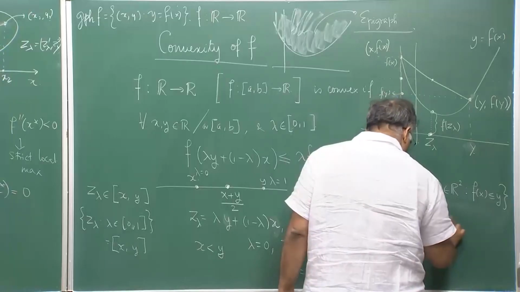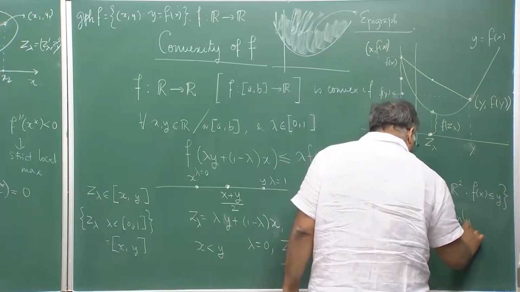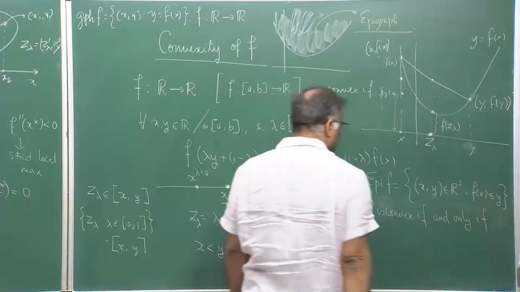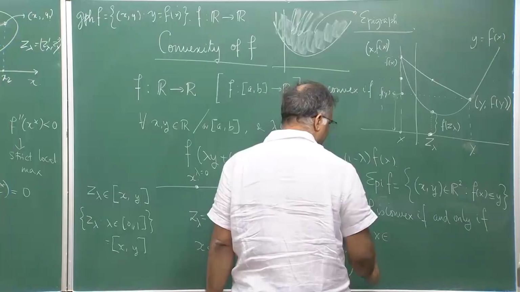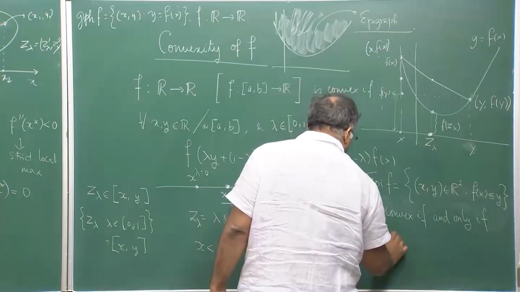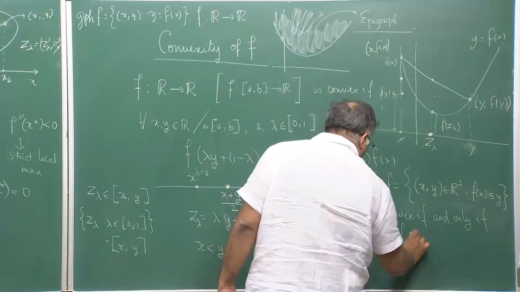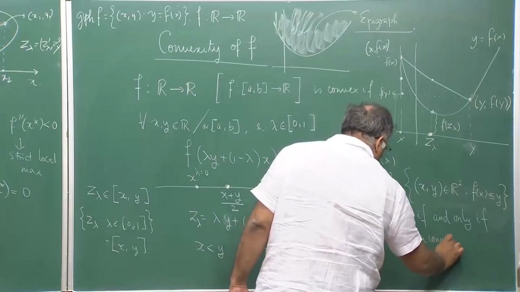So f is convex if and only if the epigraph of f is a convex set in R2.